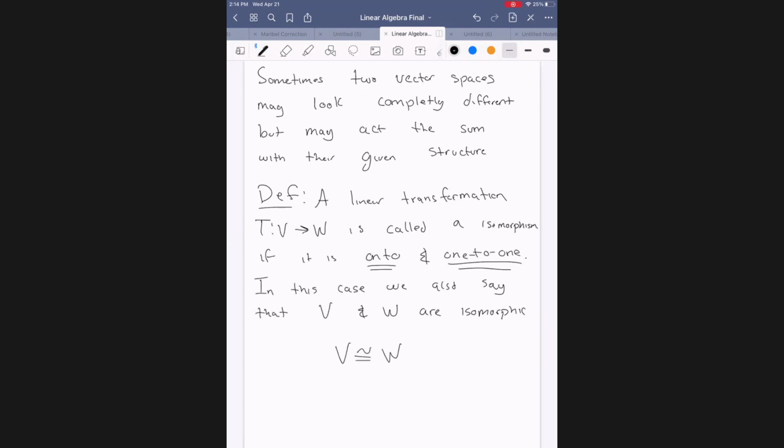Again, what this is telling you is that V and W, while not the same thing, act closely enough like each other that we're going to consider them the same thing. So they're not equal, but they're basically the same vector space for all intents and purposes.